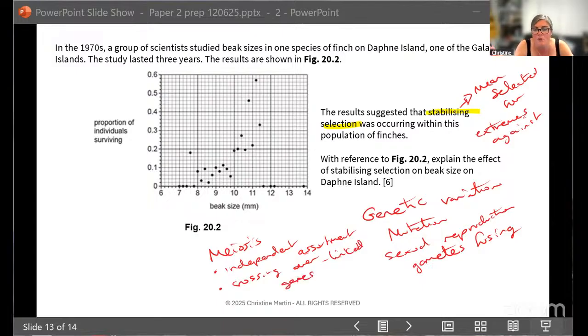And obviously the random fertilization, which links to that sexual reproduction. So these are all going to increase genetic variation. But then we know because of Darwin's theory of natural selection that there is an overproduction of offspring.